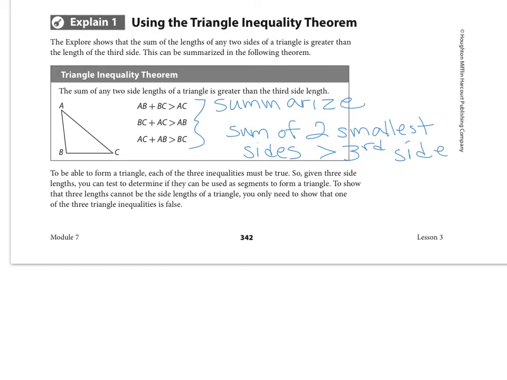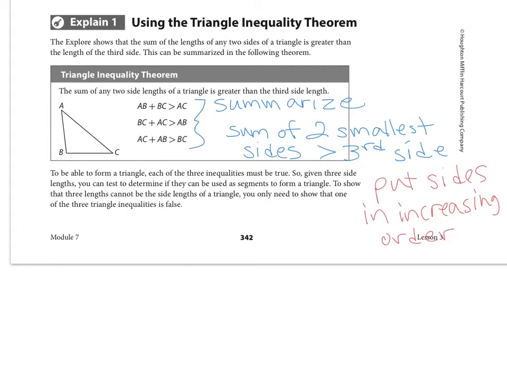Because if that's true, then all of the other inequalities will also hold true. It helps if you put your sides in your increasing order, so that the first two are the smallest sides, and then you can make up an inequality and say, is the sum of those bigger than the third side or not, okay?